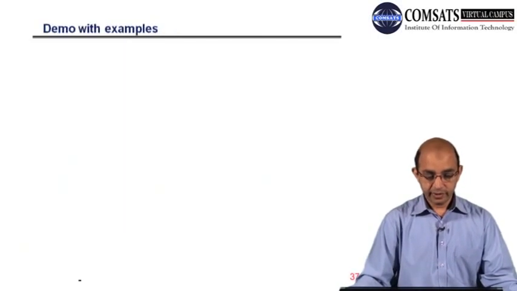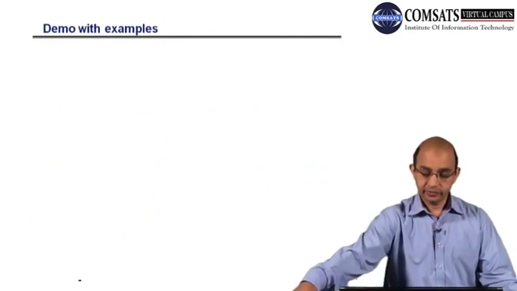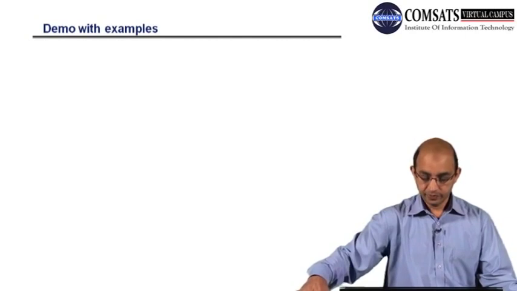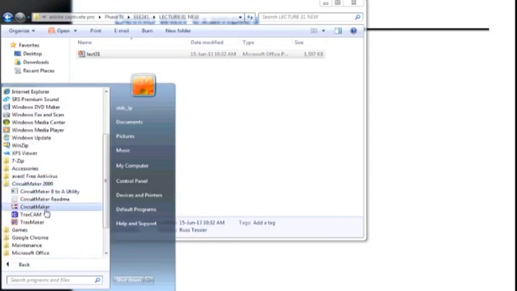So let's take a few examples. Here you can see we have utility, readme, that is the help file, and this is the exe file, and this is the tracks maker, tracks cam and tracks maker.